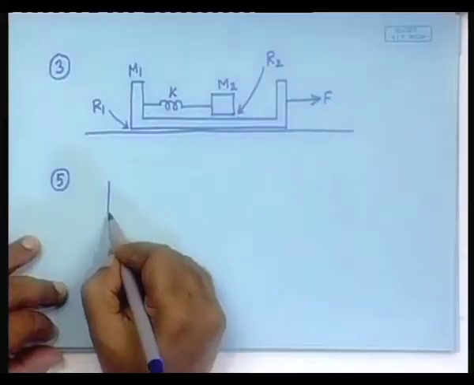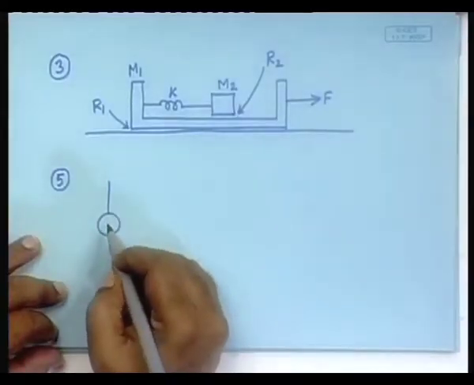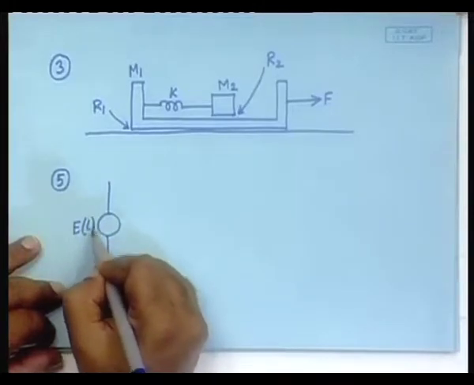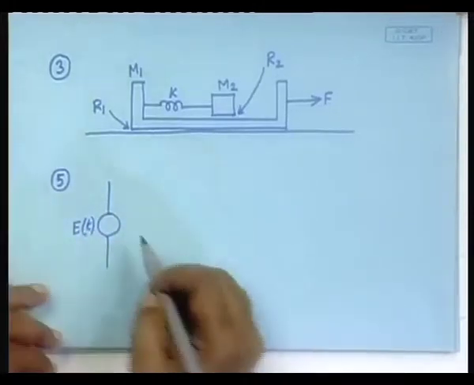The other thing is the electrical system, and in between there is a coupling through magnetism, which is similar to the DC machine problem that we did. So, remember that. So, you have some kind of a voltage source. So, that is E(t), the signal which you want to be reproduced in sound.